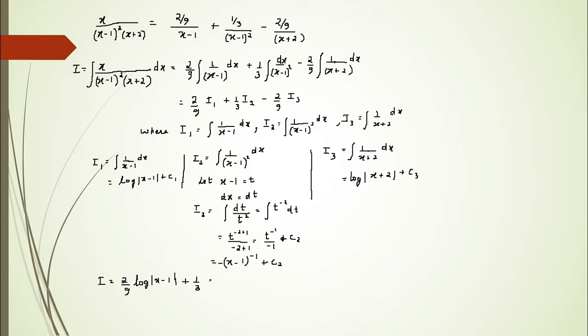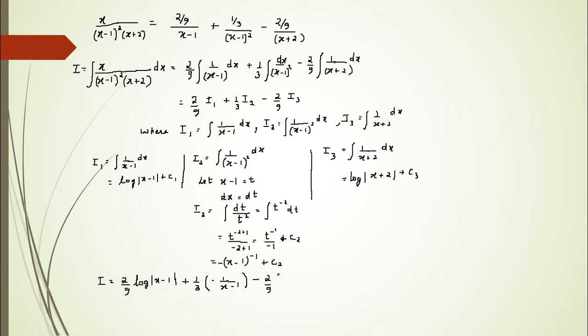I2 is here, so I can write it as minus 1 by ... minus 2 by 9 into I3.